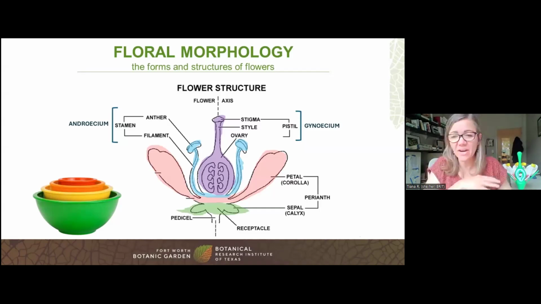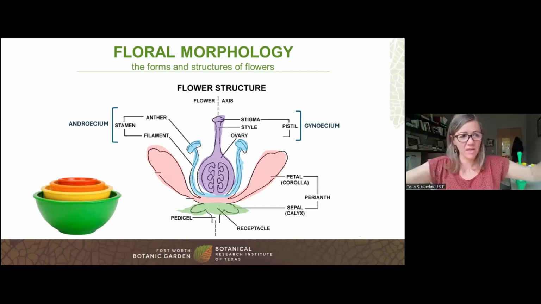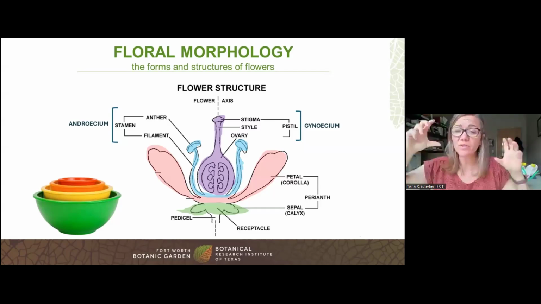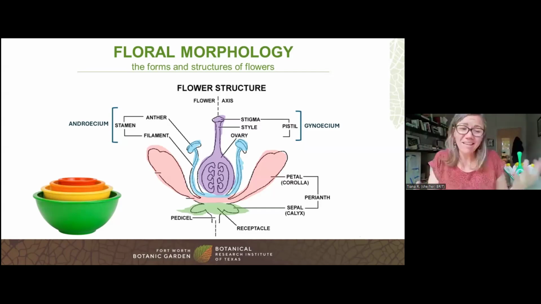Well, okay. So back to this diagram. We've talked about the basic parts of the plant, right? So we've got our calyx, which are our sepals, protective purpose. We've got our corolla, which are our petals, which are our, hey, I'm here. This is my billboard. Come see me. Collectively, those are called the perianth, because sometimes they're also a little bit hard to tell one from the other.